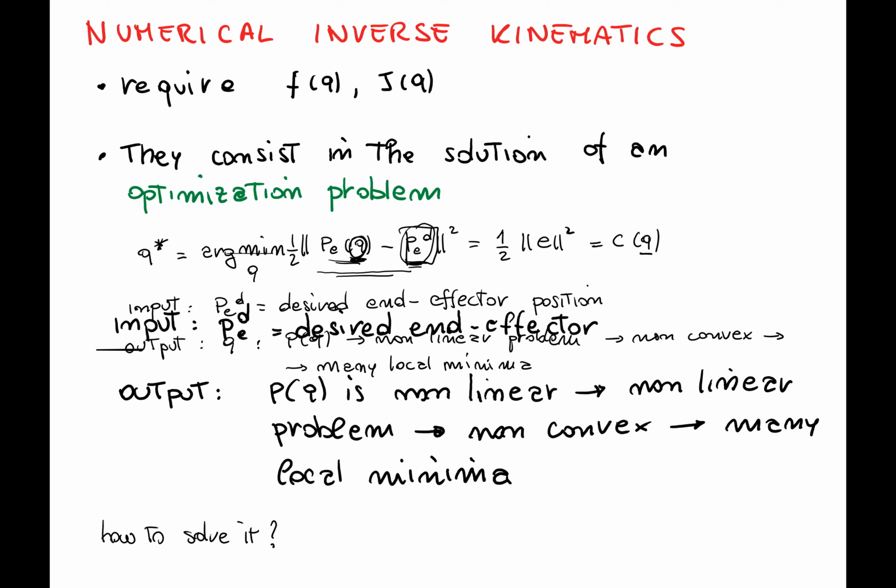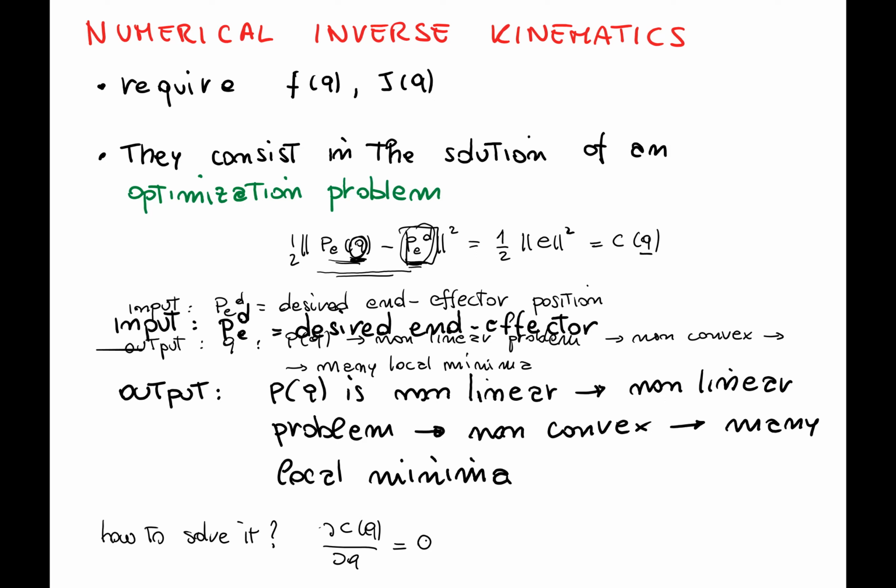We need to find a way to understand what is the minimum. And to compute the minimum, we need to compute the gradient of this cost function. We set it to zero, and we want to see if it is a minimum or a maximum.